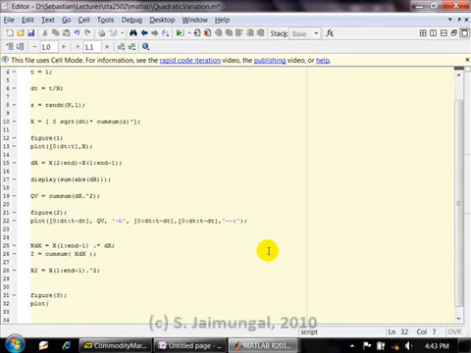So we're going to plot from dt to dt up to t of the integral, and we'll keep that one in blue. And let's plot our guess in red. Okay?